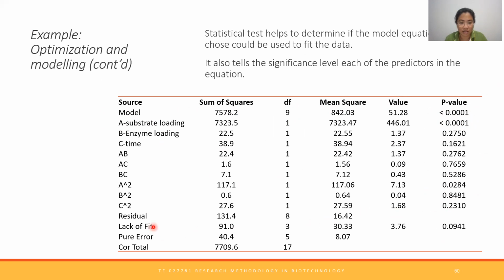Another thing that you see a lot is lack of fit. The test of lack of fit also has its own null hypothesis and alternative hypothesis. We normally say that if the p-value of the lack of fit is more than 0.05, the lack of fit is insignificant, and if it is insignificant, this model can be used.